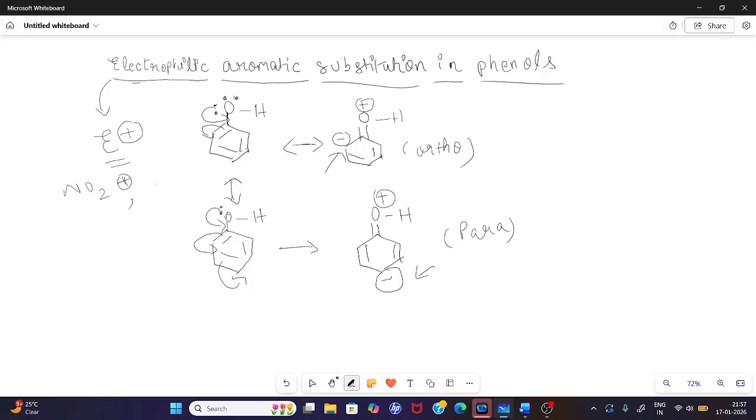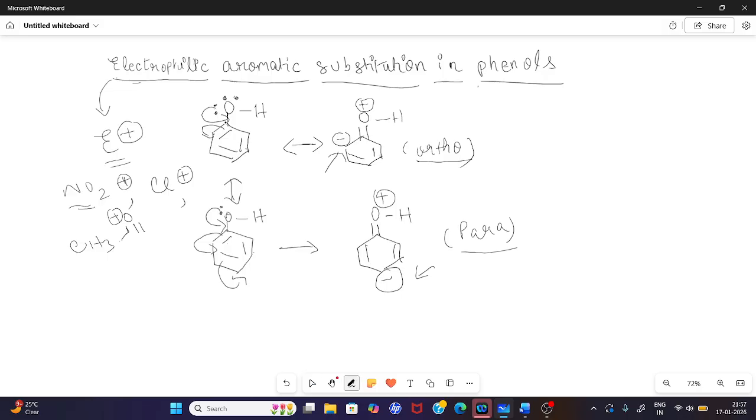It might even be a halogen in case of Friedel-Crafts reactions, or it could be CH3CO plus as well. These are all the electrophiles we have generally studied in Friedel-Crafts alkylation or acylation or in nitration reactions. So you now see the reason why most electrophilic aromatic substitution in phenols usually occurs either at the ortho position or the para position, because the electron density is maximum at these sites.